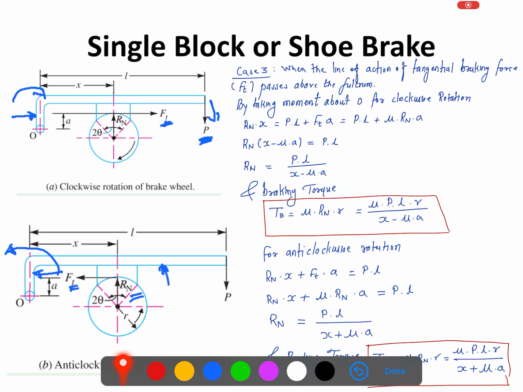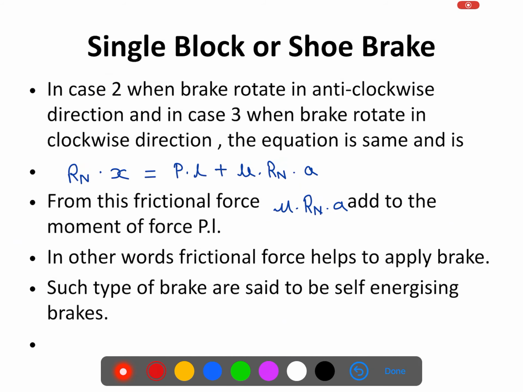You can see for case number 3, when it rotates in the clockwise direction, Rn into x is equal to P into L plus mu into Rn into a.